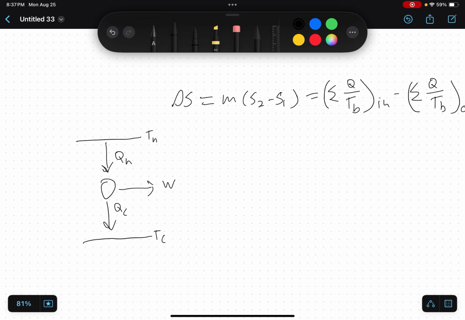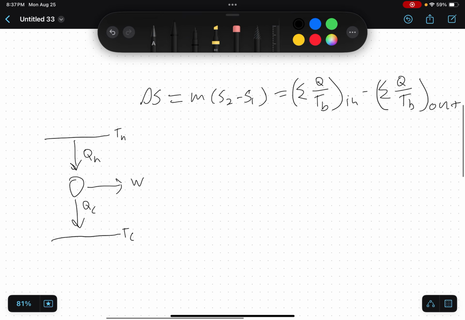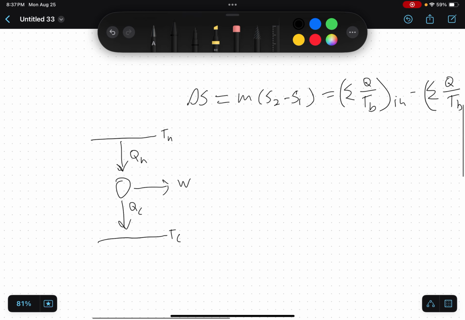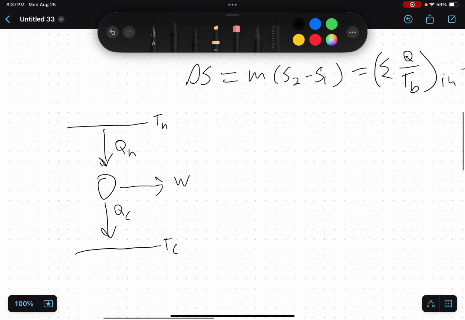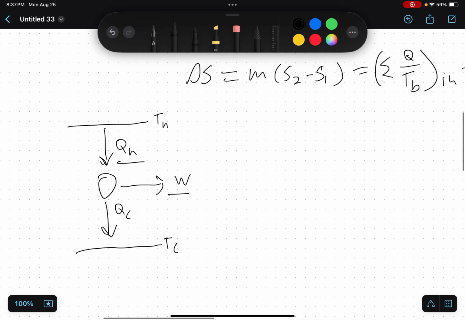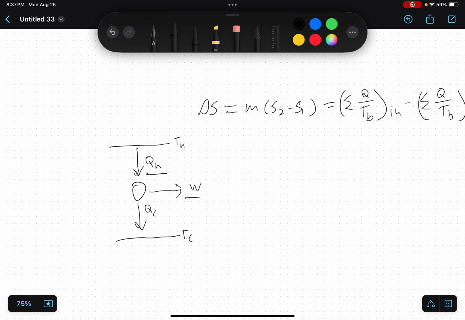Okay, so big question. Why can't all of the energy that you put in, so QH, go into the work? What's the maximum amount of QH that can go into producing usable work? And that is what the Carnot efficiency tells us.